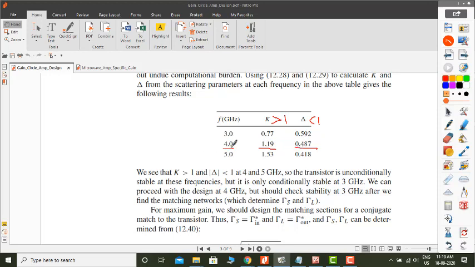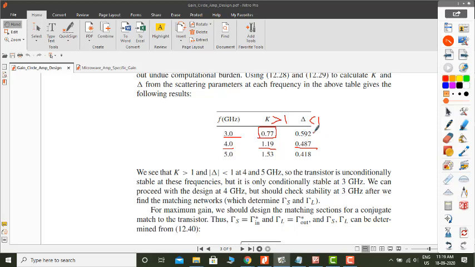Therefore, the device is unconditionally stable at 4 gigahertz, whereas at 3 gigahertz, the K value is 0.77, which is less than 1, and the del value is 0.59, which is less than 1.